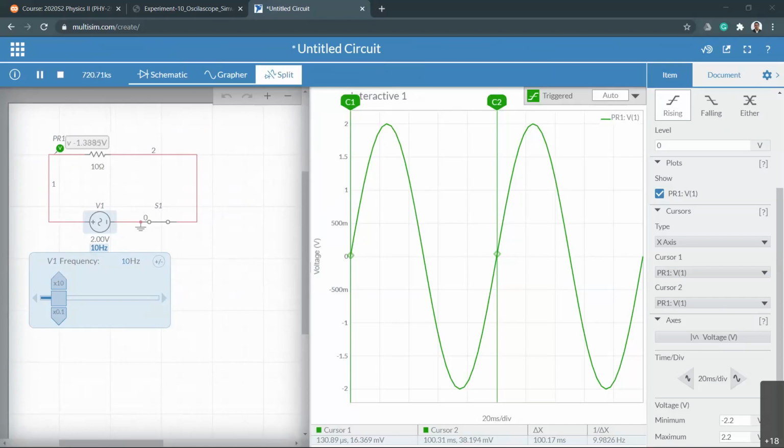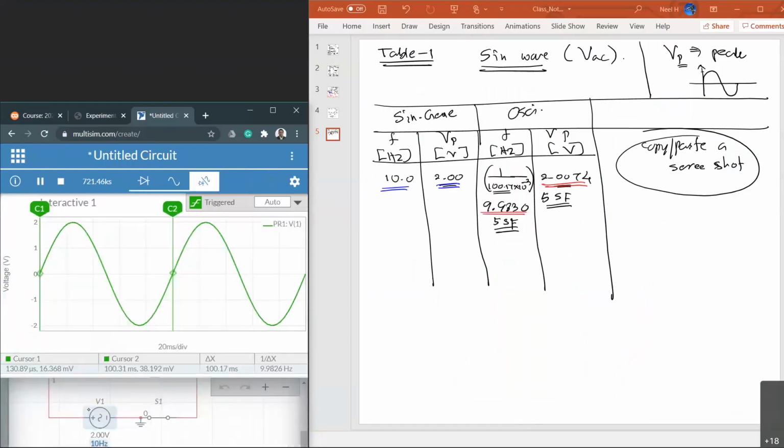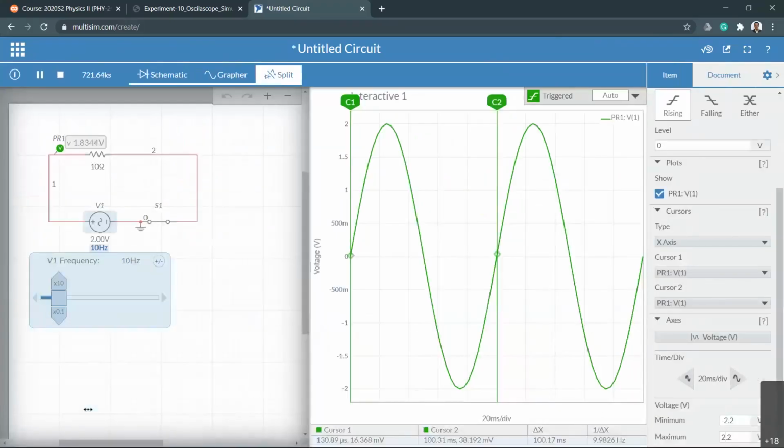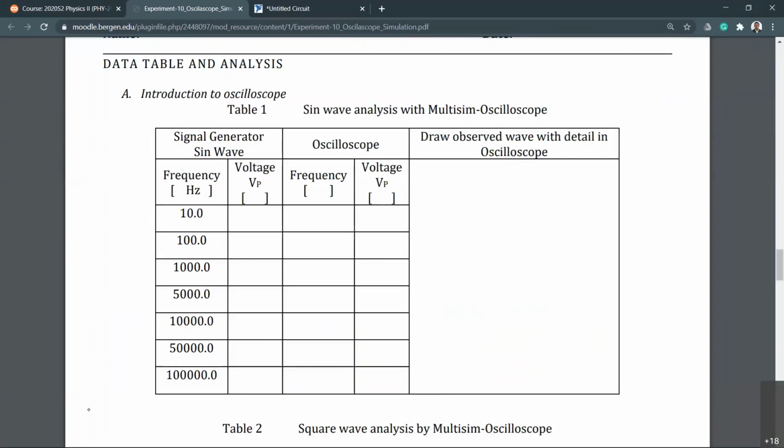Okay, question. No question? Everybody okay with that measurement? Okay, now the rest of the measurement in that table, all you have to do, what it's asking, is change the frequency to 100 and then do the same observation, then change the frequency to 1,000, 5,000, 10,000, 50,000 and 100,000, and do the same observation.